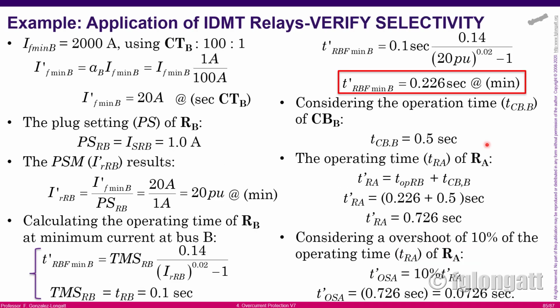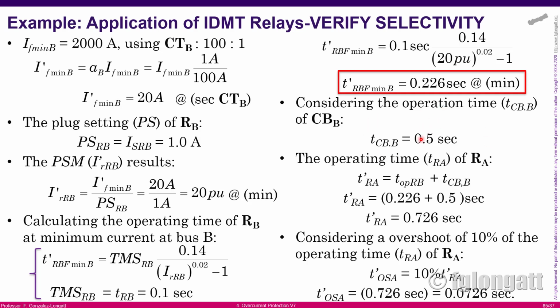If the currents go to the minimum level of 2000 amps, the operating time of this relay will be 0.226. There is no surprise, we are using an IDMT relay. As a consequence, lower current, longer operating times, okay?